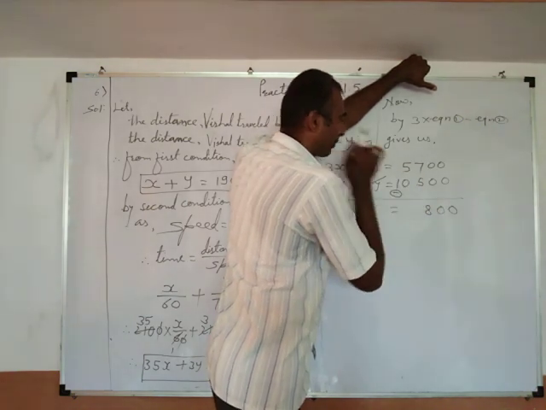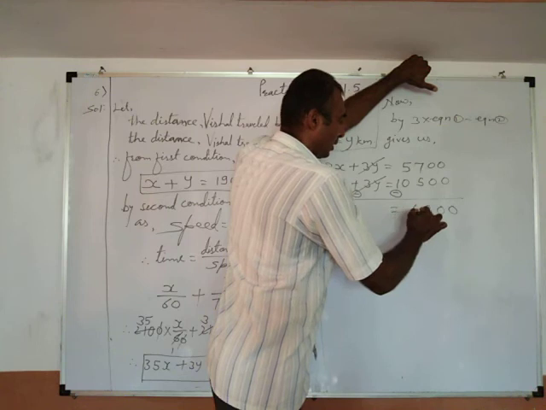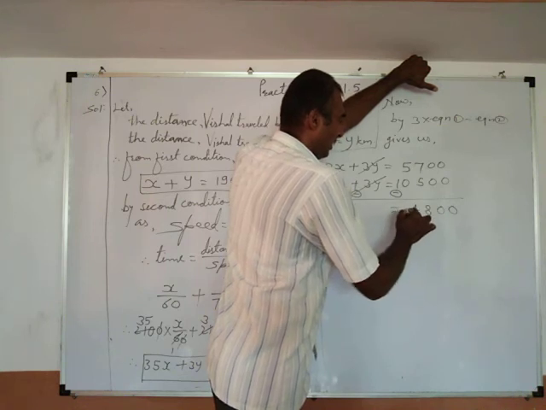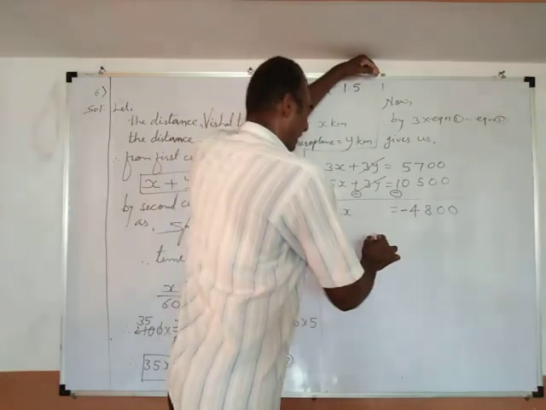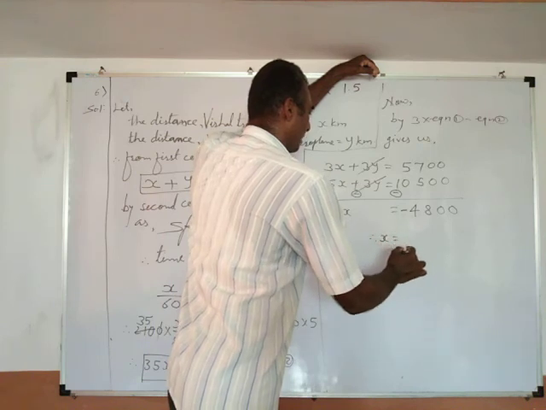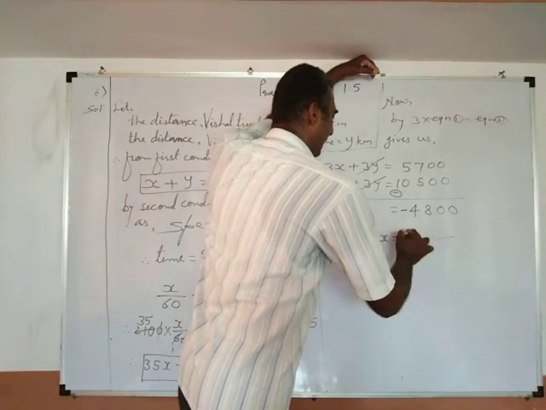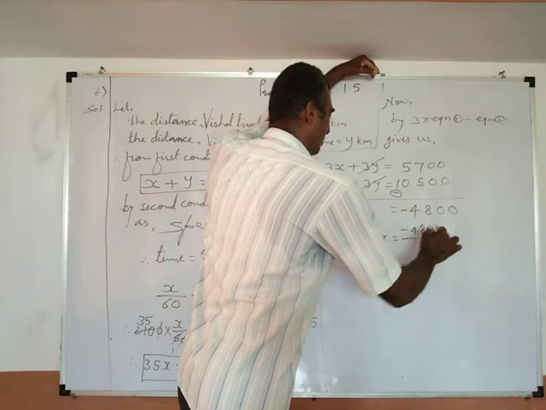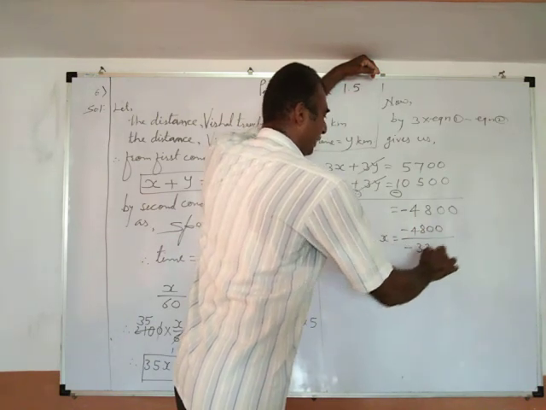And 9 minus 5 gives us 4. And the sign will be minus. Therefore, x must equal minus 4800 upon minus 32.